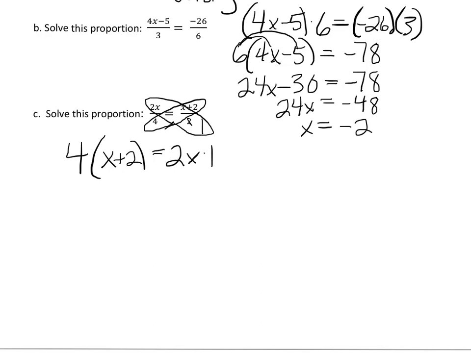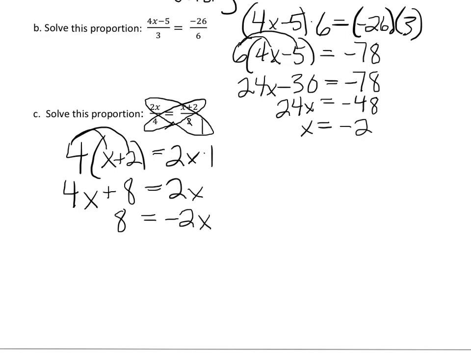They're both equivalent. I have to remember to distribute, so I have 4x plus 4 times 2, which is 8, equals 2x. I'm going to subtract 4x from the left side, and that gives me 2x minus 4x, which ends up being negative 2x. Divide both sides by negative 2, so I get x equals negative 4. So when it says solve the proportion, it's really just looking for the value of x.